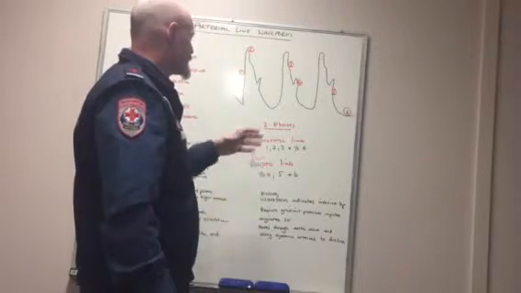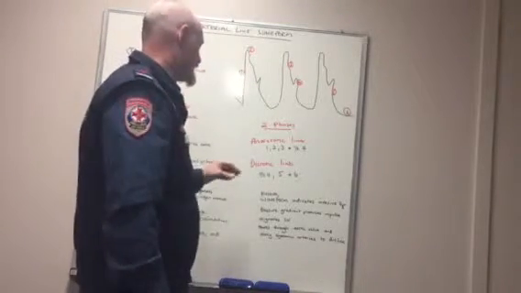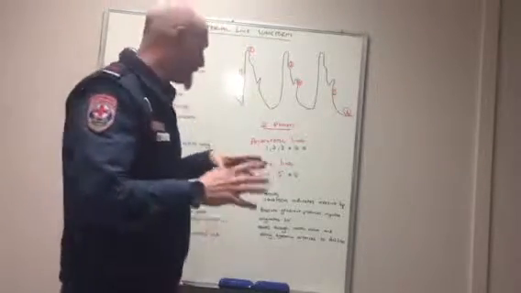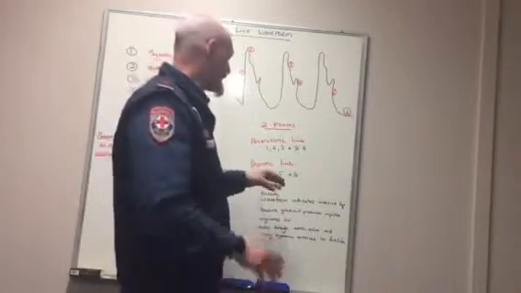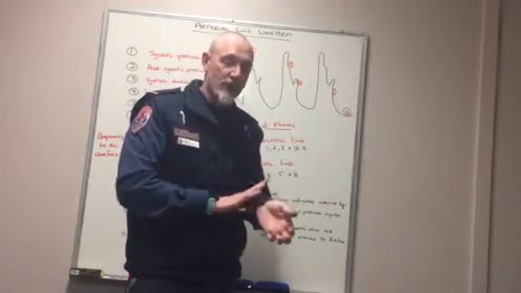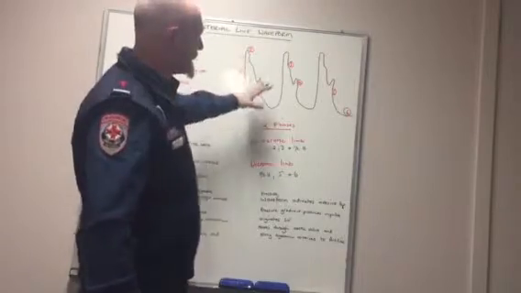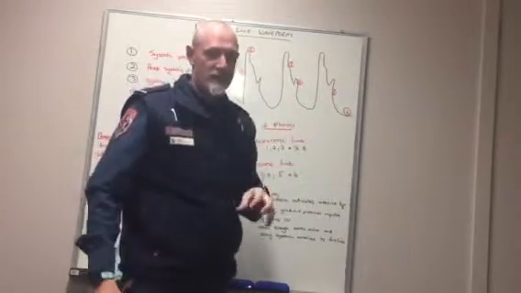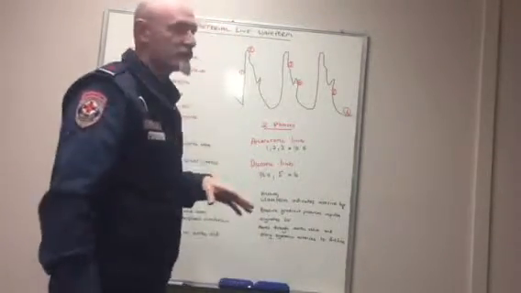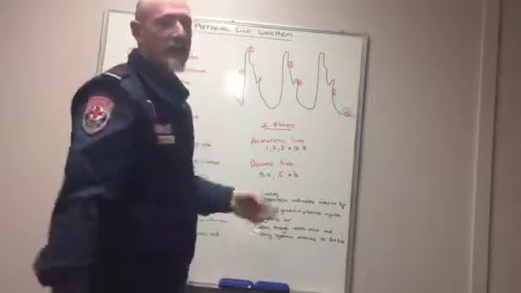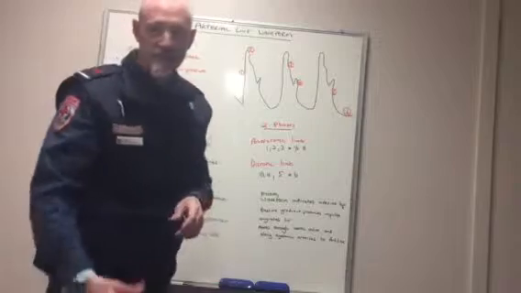So what does this all mean? It's a pressure waveform, but once we have the art line connected, say, to the radial artery, the pressure waveform indicates an invasive blood pressure compared to a non-invasive blood pressure, as in a manual BP cuff or an NIBP attached to a monitor.